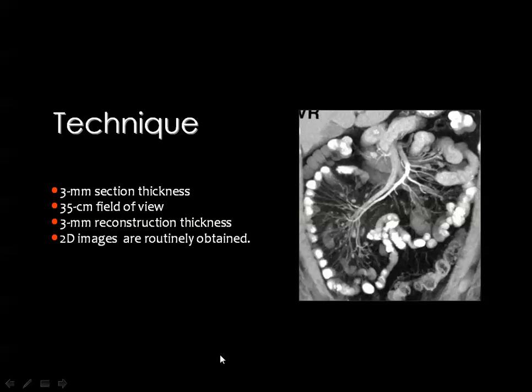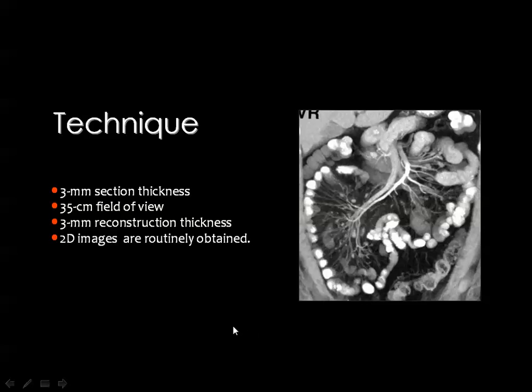It is recommended in the literature that the scan interval is about 3 millimeter section thickness, and you can use a field of view of 35 centimeters. And it's very important to have these 2D reconstructed images in the coronal planes in particular, and also you may use the sagittal orientation as well.